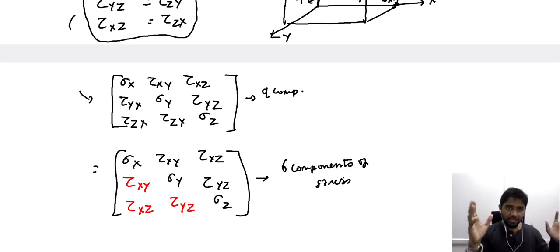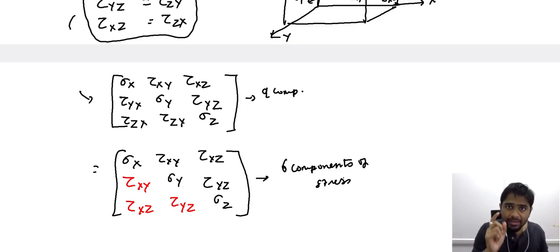The loading can be inclined at any angle, and it can be compressive, tensile, or a combination of these two. And so far the previous understanding was such that we need 9 components to describe this loading condition. When we have a generalized loading condition, we don't know if it is uniaxial, biaxial, or triaxial, or at which angle it is oriented, but if you want to make any sense out of this loading condition, we saw that we need 9 components of stresses.